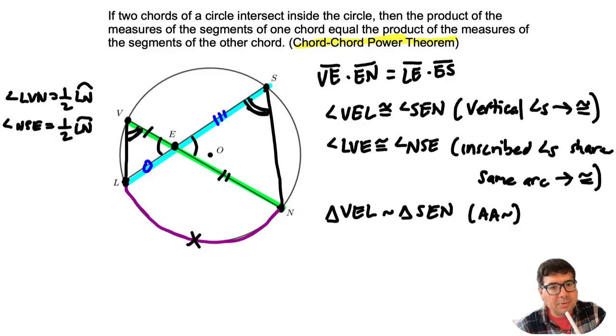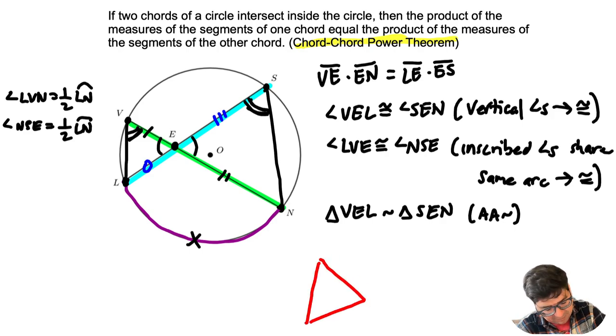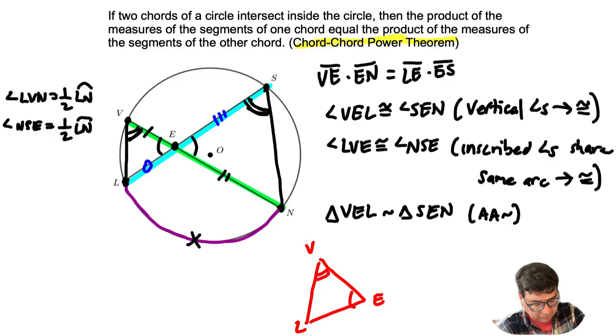Okay, now we're almost done. Let's revisit this theorem. This theorem says that the product of the segments are equal to each other. How could that be? Well, this triangle VEL, I'm going to draw it over here. Here's my estimation of VEL. V to E to L has this angle at LVE, and this angle here, one of the vertical angles.